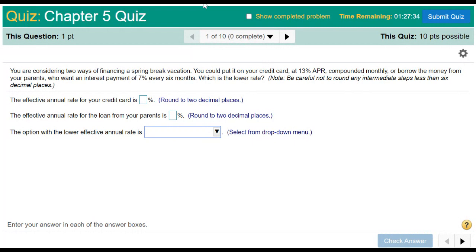But I've got to show you a visual. So in the calculator, we would put parentheses.